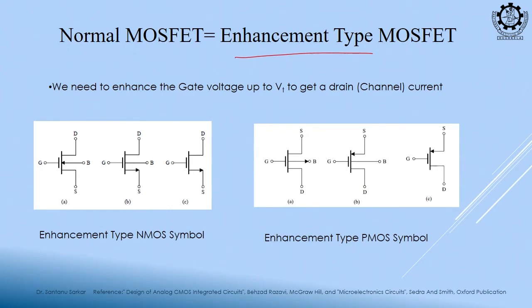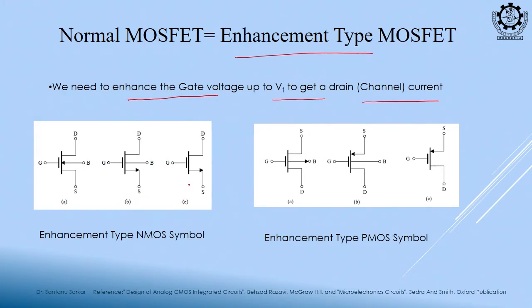We need to enhance the gate voltage so that it goes above VTH and you get a channel current. Okay, clear? So, enhancement MOSFET is the normal MOSFET. We need to enhance the gate voltage above threshold voltage so that I get a drain current or channel current.